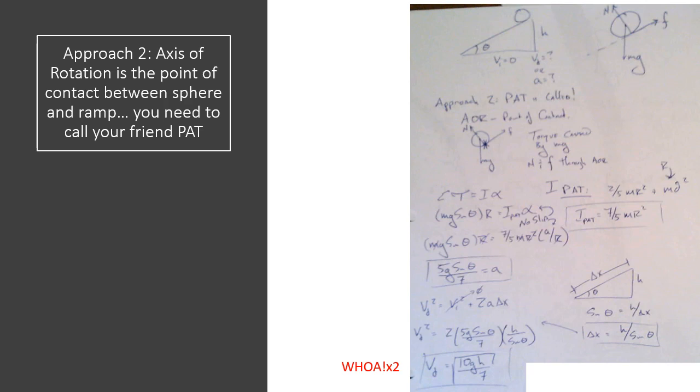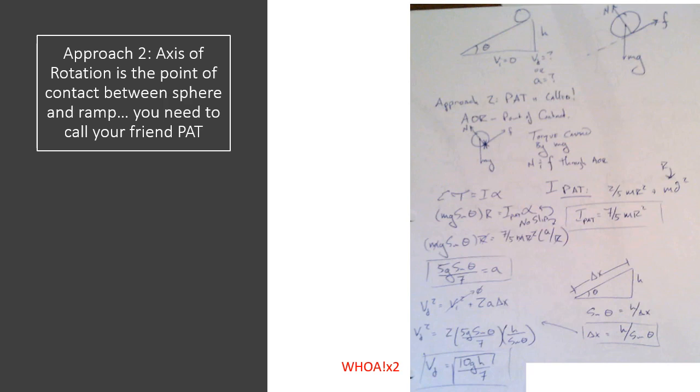So I plug it back in, and I get mg sine theta times r is equal to 7/5 mr squared times alpha, and we know that this is a no-slip situation. So the linear to angular equations count, and so that's a over r. And would you look at that, 5/7 g sine theta is our acceleration.